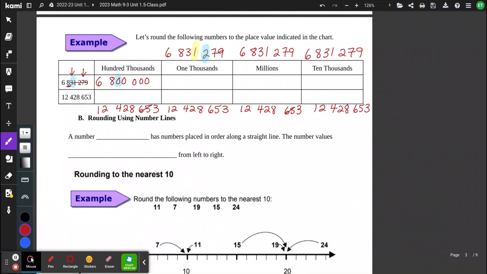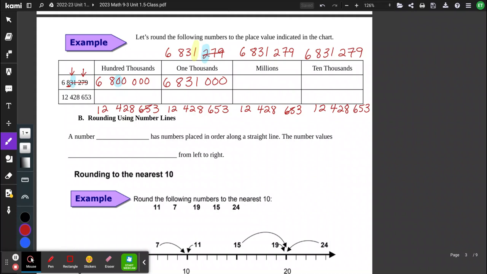Remember, if the number is from 0 to 4, it's going to stay the same. It's not going to add 1. So that means my 6, my 8, my 3, and my 1 are going to stay the same. That means my 279 changed to zeros. That 1 did not change. The 1 did not grow bigger.